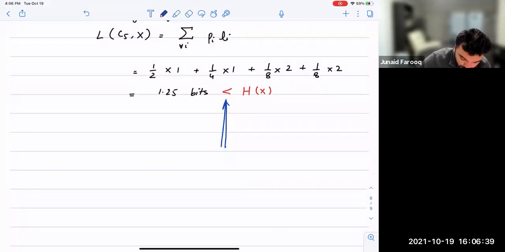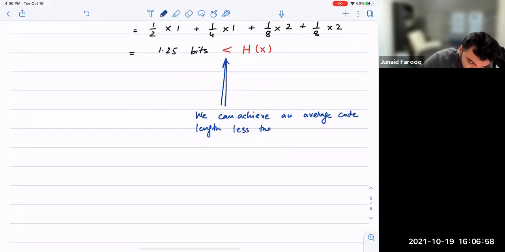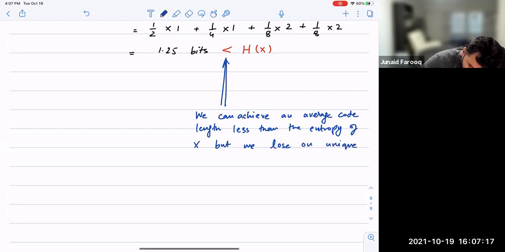What this means is we can achieve an average code length less than the entropy of X, but we lose on unique decodability of the code.